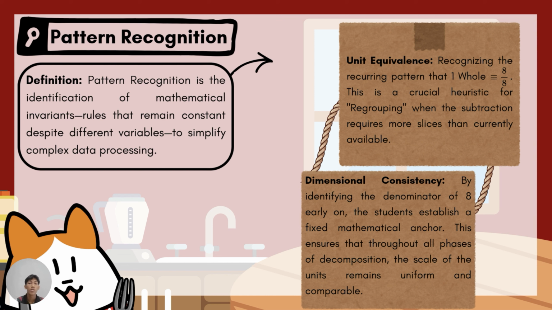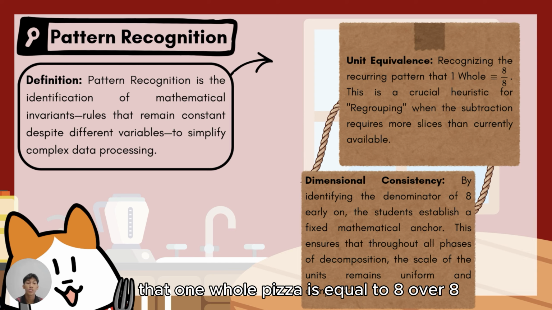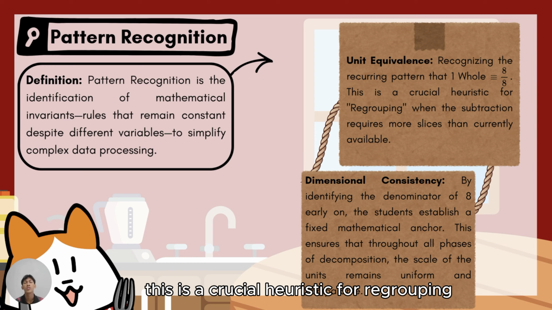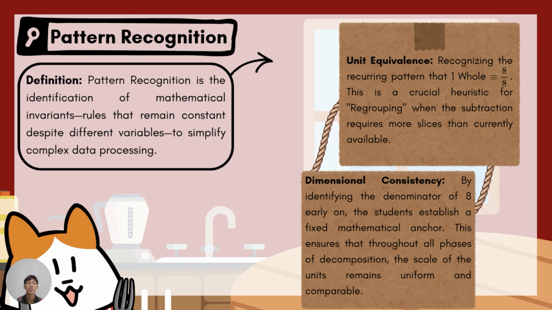So they recognize the recurring pattern that one whole pizza is equal to 8 over 8. This is a crucial heuristic for regrouping when the subtraction requires more slices than currently available.